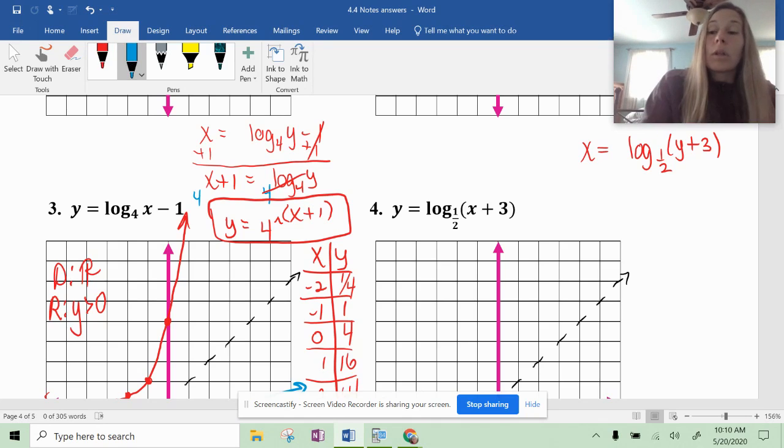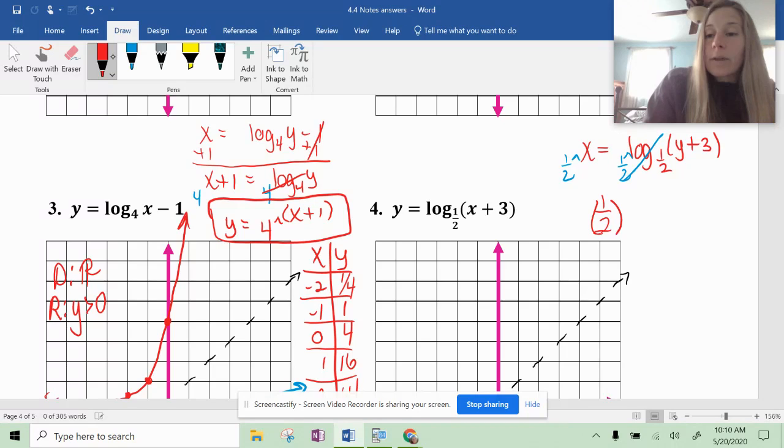This time we're going to get rid of the log first, but the same method, we're going to raise it from the 1/2. So now, on one side we have 1/2 raised to x, and on the other side we have y plus 3. So now we're just going to move that 3 over. So we get y equals 1/2 to the x power minus 3.